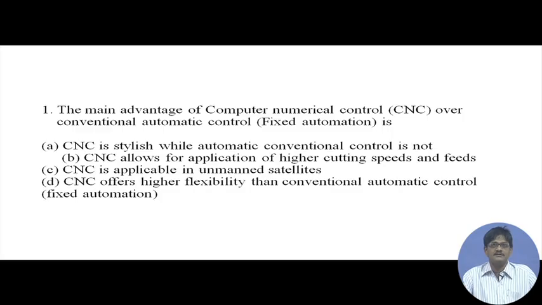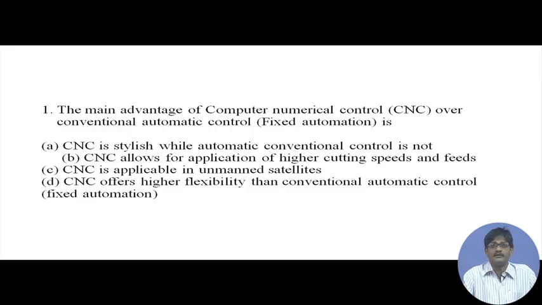The third is CNC is applicable in unmanned satellites. Okay, maybe yes, CNC is applicable in unmanned satellites and it is better than fixed automation, but there are 2 points to be considered here. Is this the main advantage of CNC over fixed automation? No, because we might not at all be concerned with unmanned satellites, but still we would consider CNC to have some advantage over fixed automation.